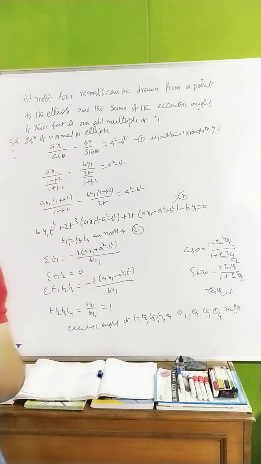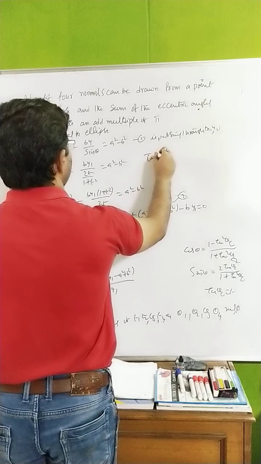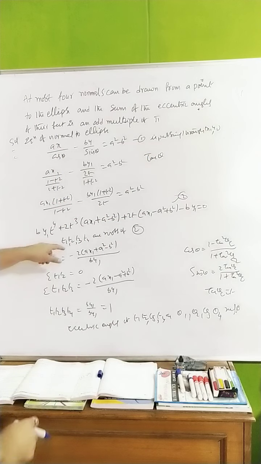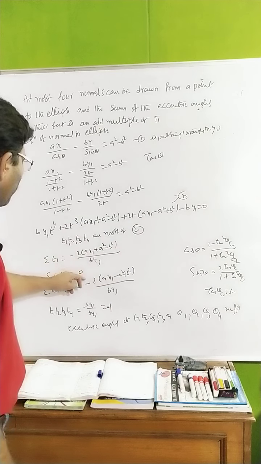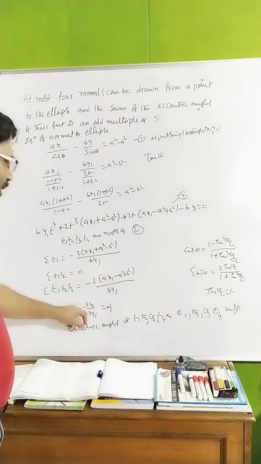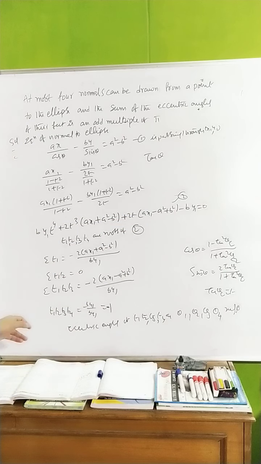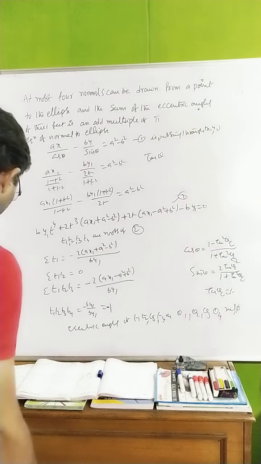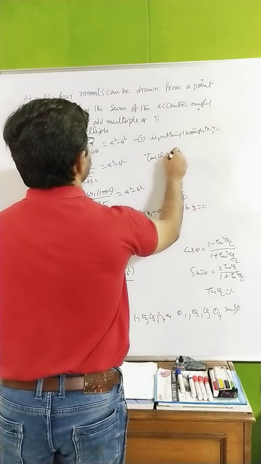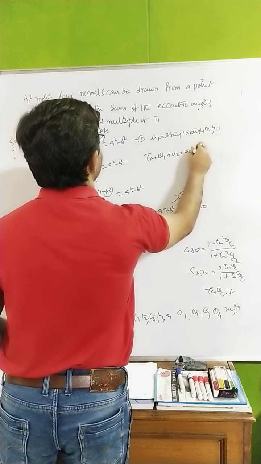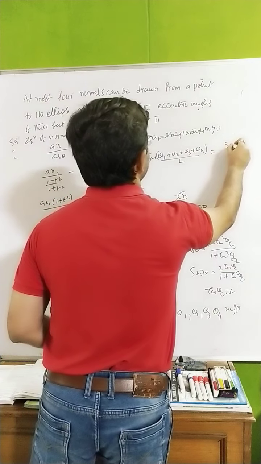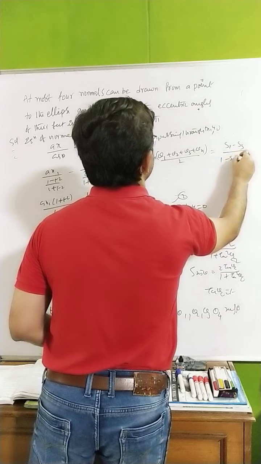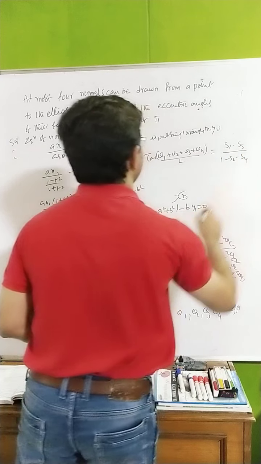If you assume like this, then we have the formula. What is that formula? I think I committed a mistake here, this is minus 1, because minus plus minus plus means minus is there. So eccentric angles we are assuming like this. Now tan of theta 1 plus theta 2 plus theta 3 plus theta 4 whole divided by 2, you have the formula here: s1 minus s3 divided by 1 minus s2 plus s4, you can write.